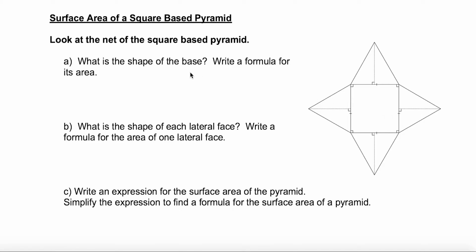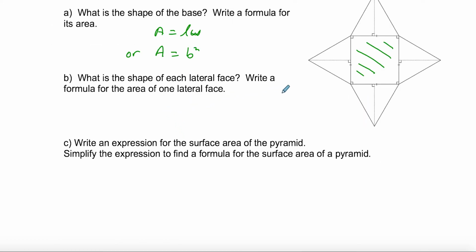So if we were going to look for a formula for the base, we might have area equals length times width. Just this amount in here, the area for that is length times width. When it is a square, we could maybe also see it written as base squared.